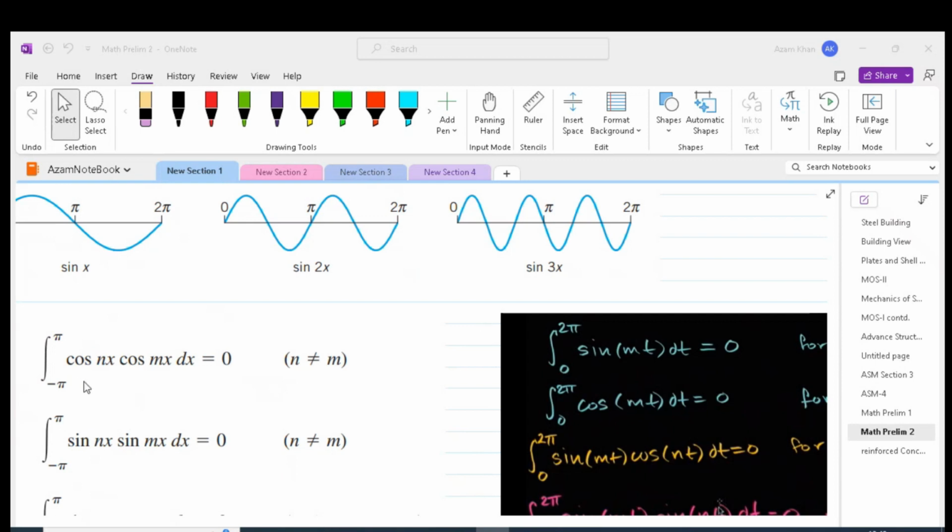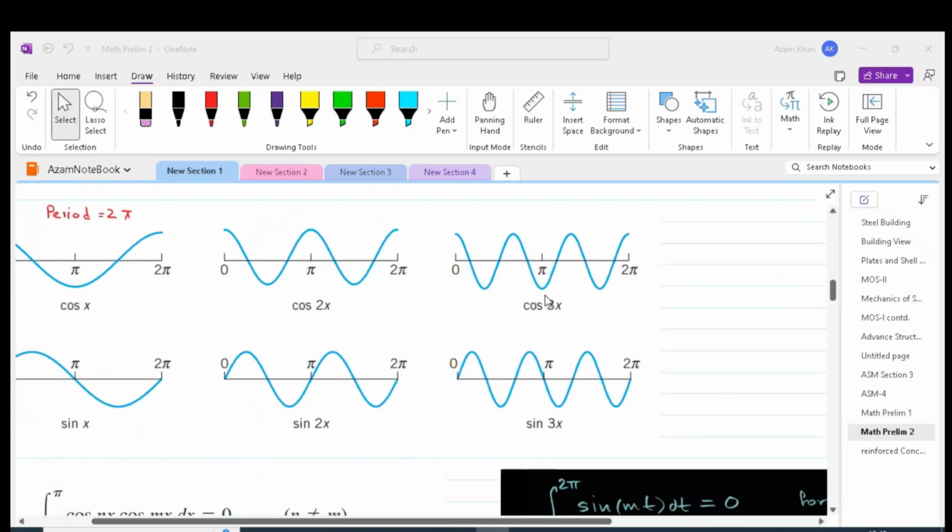The reason that this limit doesn't matter is that we have a periodic function which is repeating itself after equal intervals.